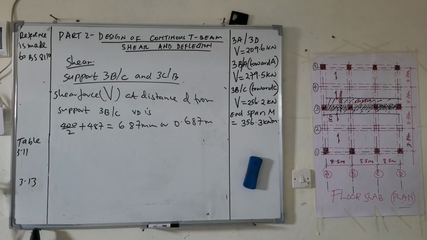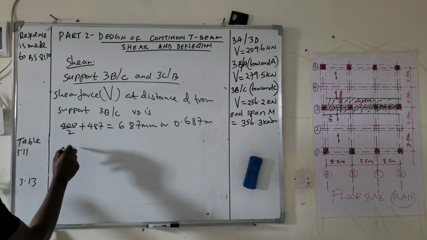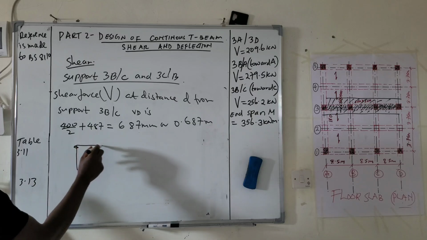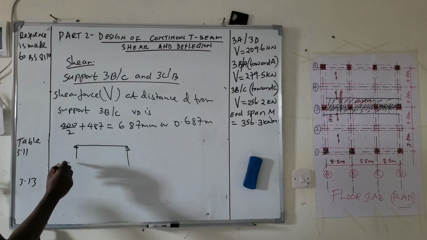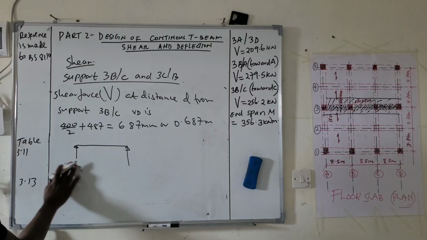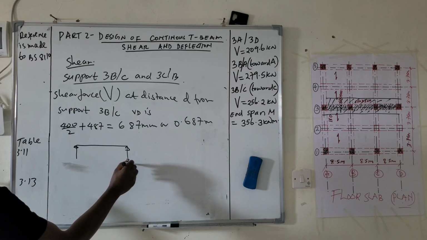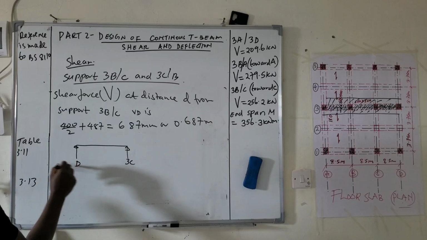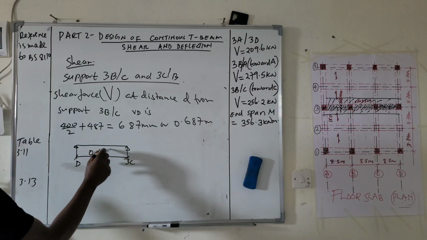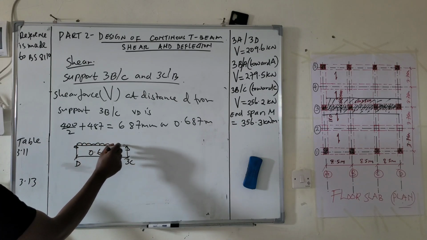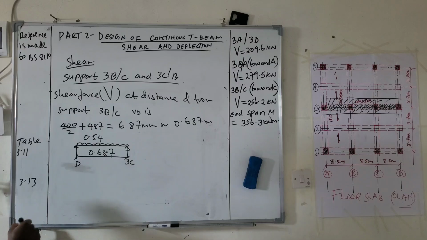Now, we proceed to the shear force V at distance d from support 3C. You can also draw this. So this is support 3C, and this is d. And the distance is 0.687. Then you have the loading, which is 0.54.